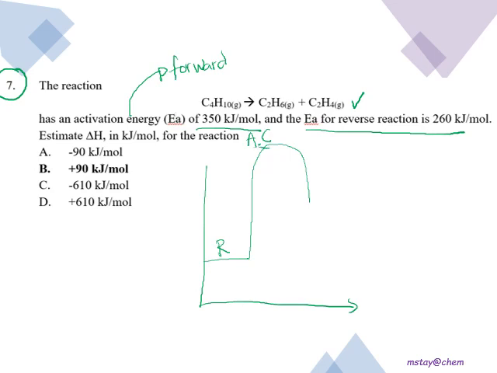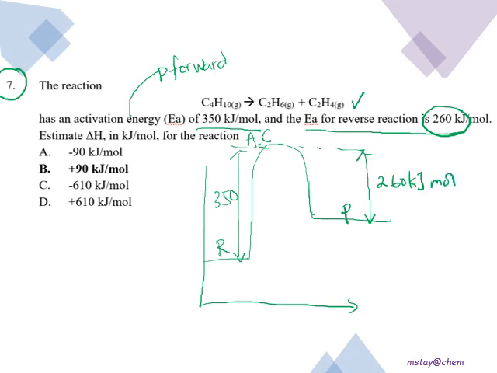Here, the activation energy based on the question is 350 kilojoule. The reverse reaction is 260, so it will be at a higher point. So go to here, and now here is the products, and the difference between the products and the activated complex is 260 kilojoule per mole.